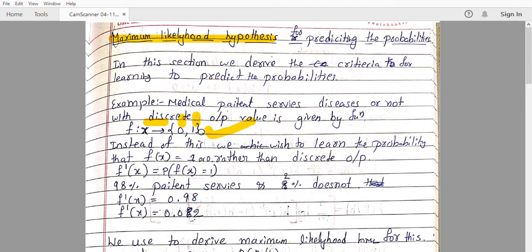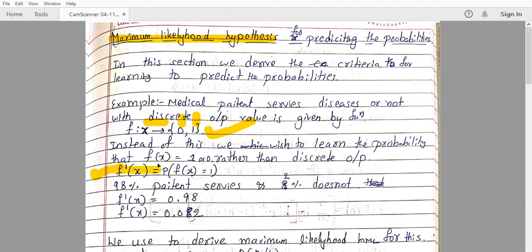So discrete output exactly tells us that he survives or does not survive. For this type of application, instead of getting this type of output, we wish to learn the probability that he survives or does not survive. How are we going to represent such a function?